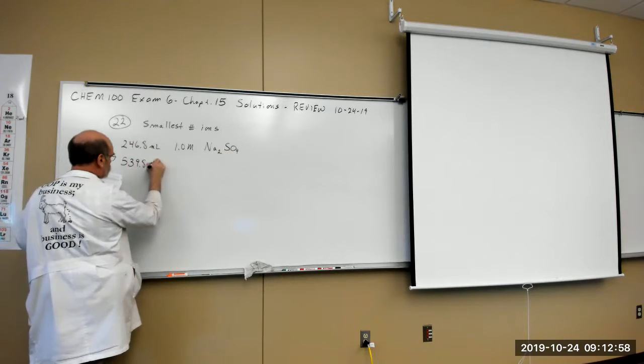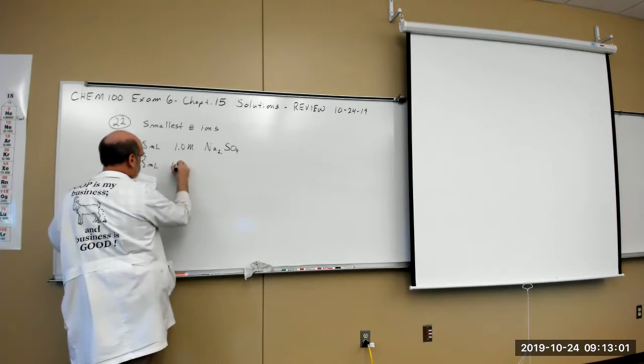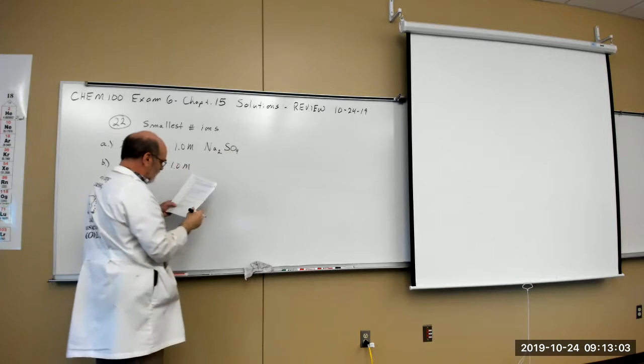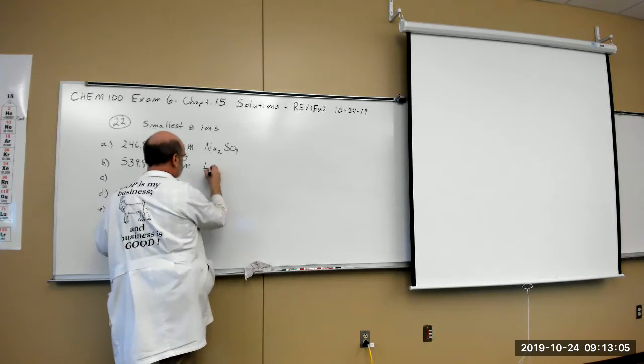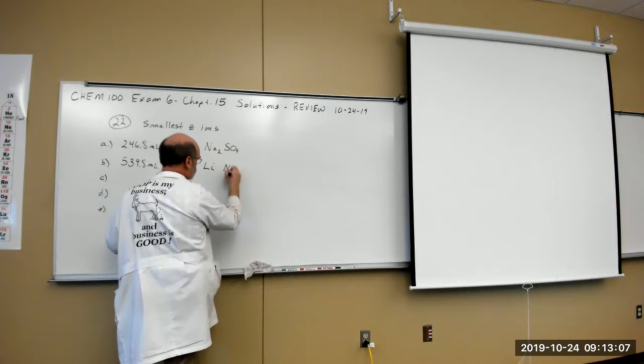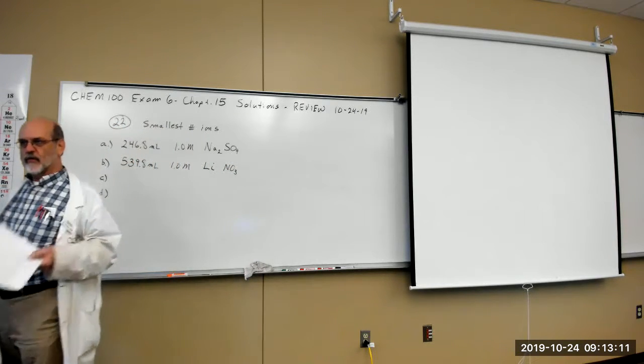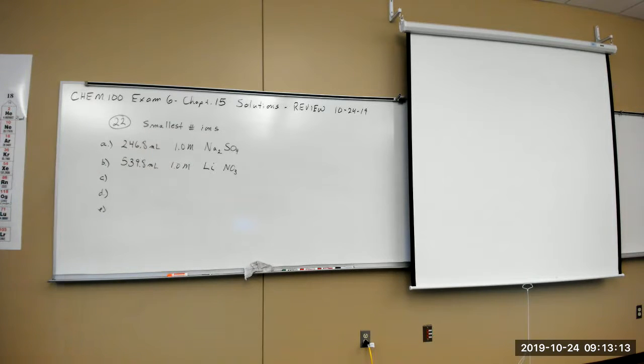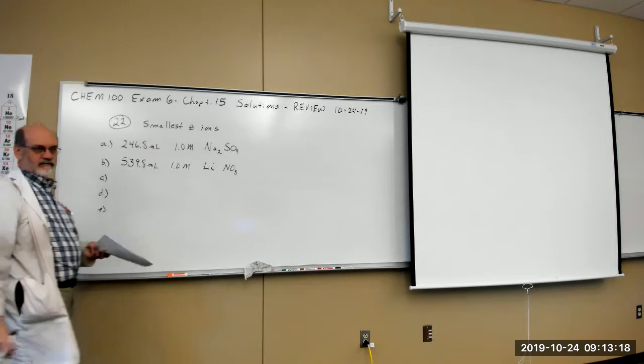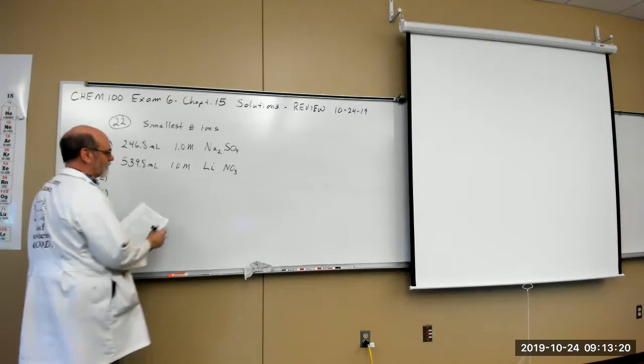B is 539.8 milliliters of 1 molar lithium nitrate. Lithium nitrate. Okay, so let's see. We know nitrate is a polyatomic with a 1 minus charge. Lithium comes from here. 1 plus charge. That's it. 1 to 1. Right.